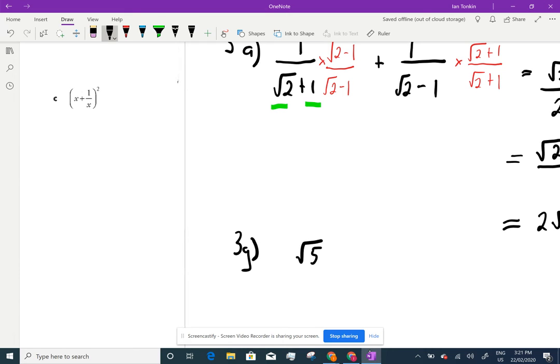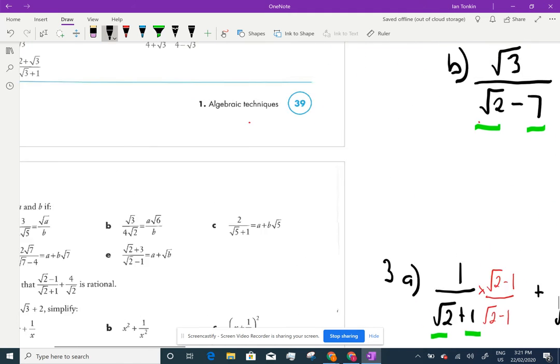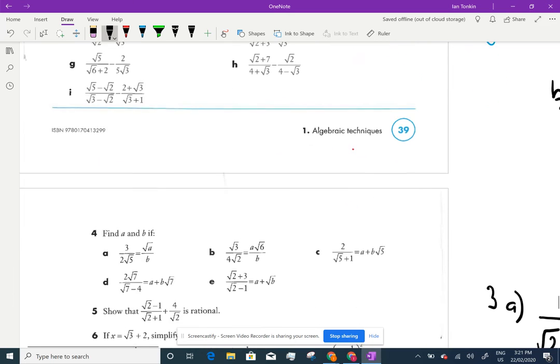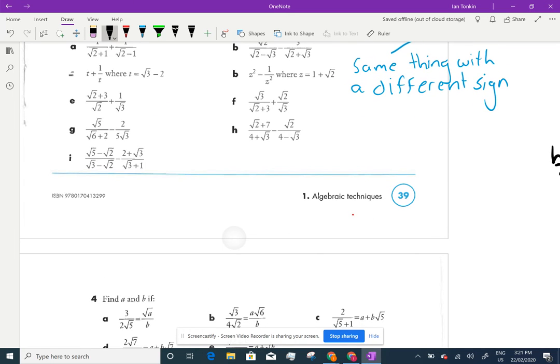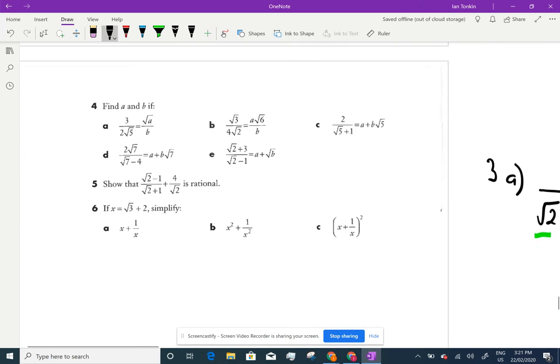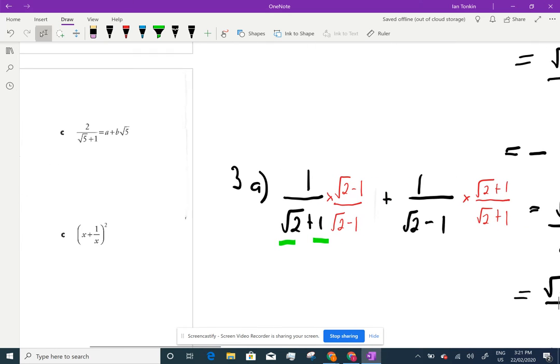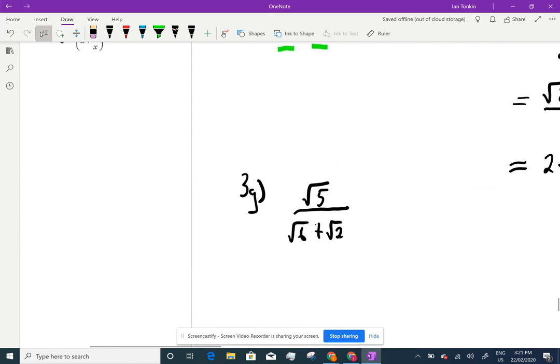Root 5 on root 6 plus root 2. I'm going to leave a gap there. And 2 on 5 root 3 minus 2 on 5 root 3. I'll leave a gap, minus 2 on 5 root 3.